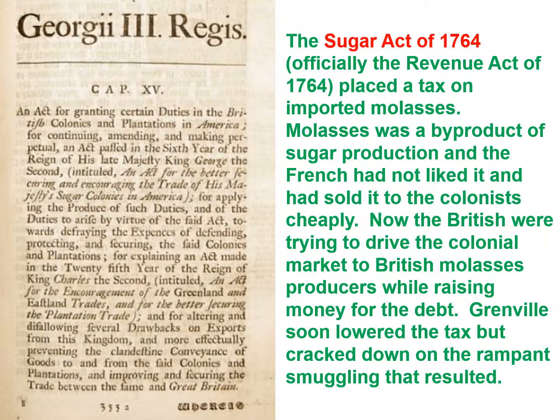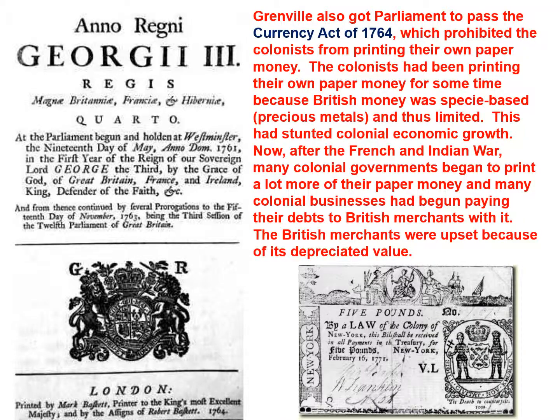And so from now on, the British vessels were much more actively searching the coast of America looking for the smugglers. And that angered the Americans because it meant that they would be paying more. As Grenville began to enforce a tax on sugar, it is really the first time the Americans were paying a direct British tax.